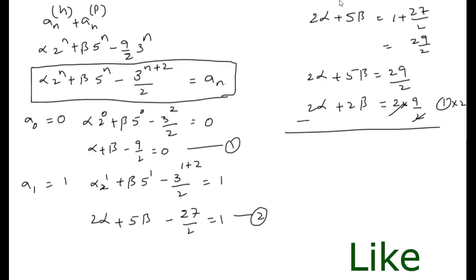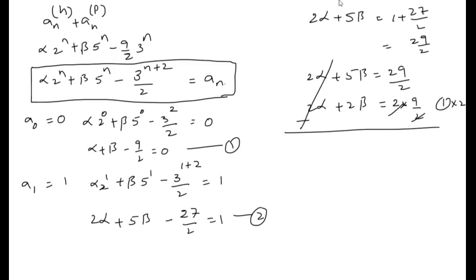If you subtract, 2 alpha minus 2 alpha will be cancelled, and 5 beta minus 2 beta is 3 beta is equal to 29 divided by 2 minus 9 by 1. So it is 29 minus 18 divided by 2. So it is 11 by 2. So this is 3 beta. So beta equal to 11 by 6.